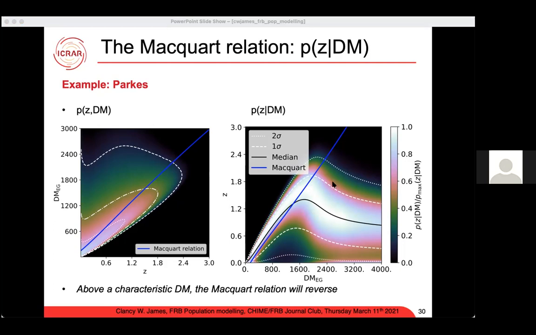One question is related to your parameterization of DM host. I think you said we are not really sensitive to the high end of the DM host distribution, but the low end we are sensitive to.